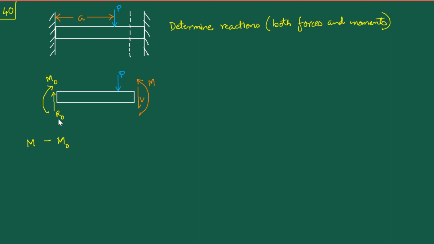And if we take the contribution from this R naught about an axis which passes through this end, it is going to give us a moment which is R naught times X, but in the clockwise sense, which is opposite to the anti-clockwise sense of M. And finally, for this force P, the moment about an axis which passes through this end will be P times X minus A, but note that this is going to get activated only for X greater than A. So this is P into X minus A. I must mention that we are calculating our X from this end.